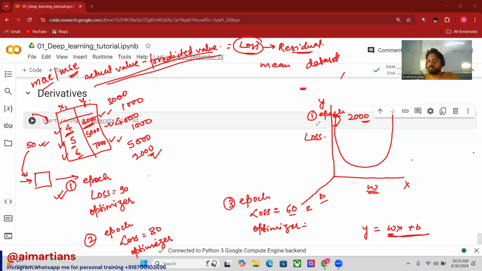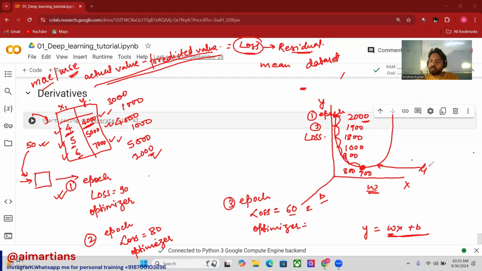On the second epoch, it says 1,900 loss. On the third epoch, 1,800. On the fourth epoch, let's say 1,000. On the fifth epoch, 900. On the sixth, 800. On the seventh, 700.